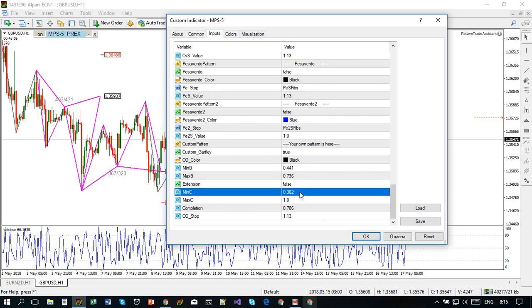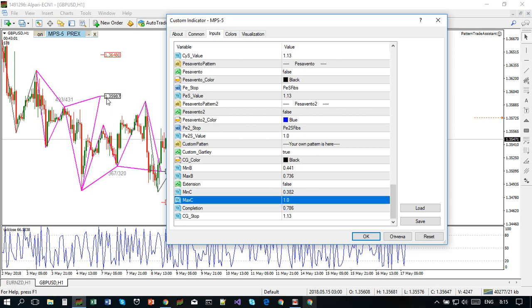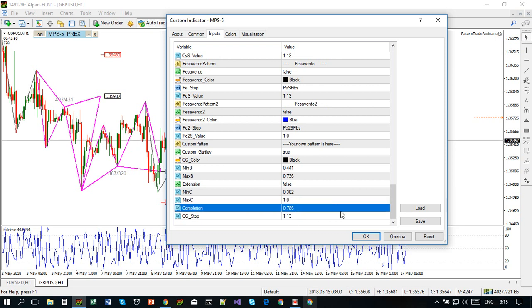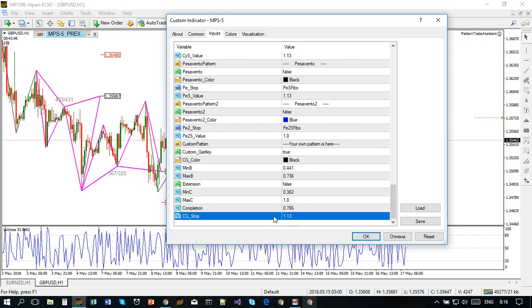Okay, the minimum C point should be 0.382, and the maximal C point should be 1. It means that it can form a kind of double top. The C and A, they should coincide, but it should not exceed that. And the completion of the pattern is 0.786, and the invalidation is 1.13. So you can change them to have your own pattern, to have your custom pattern.